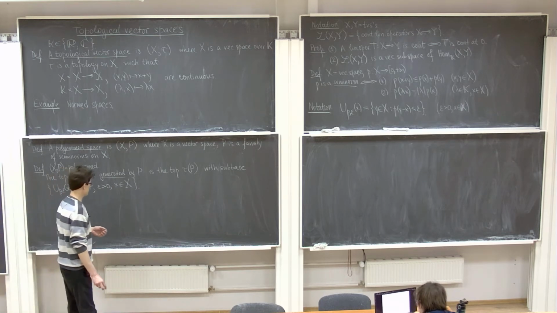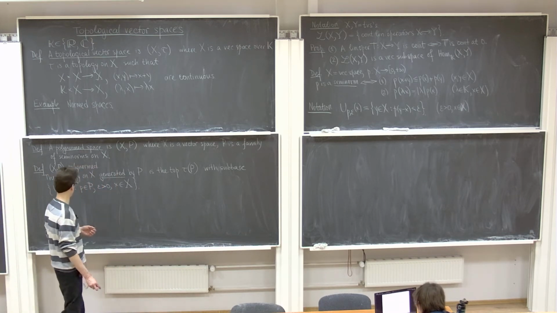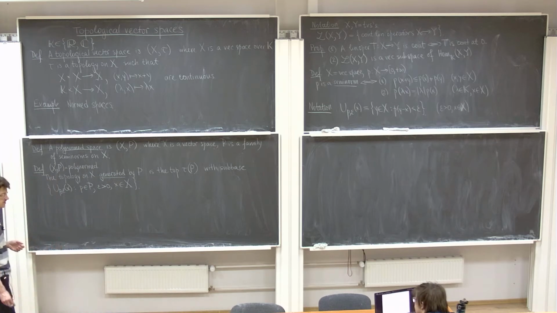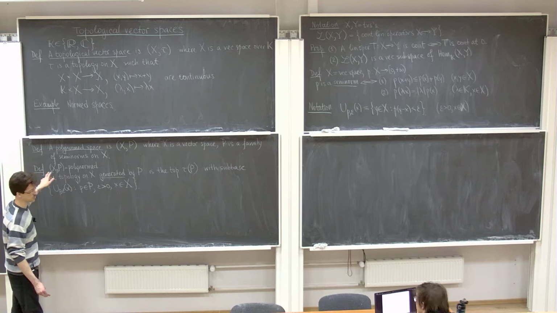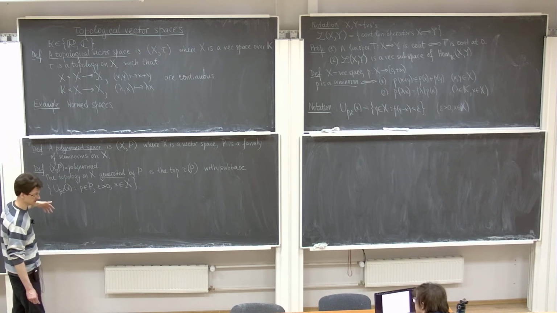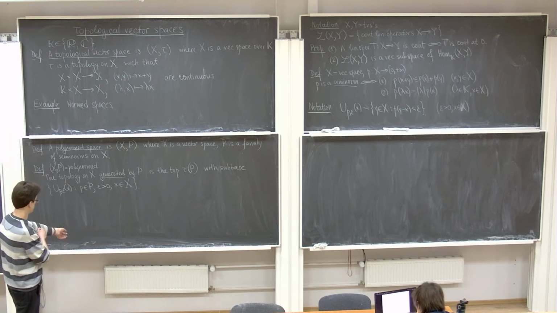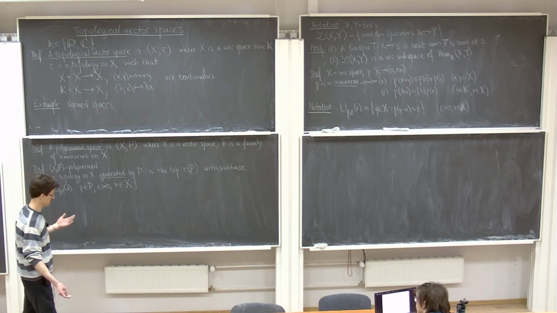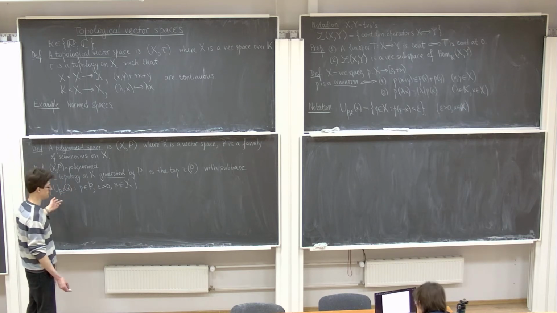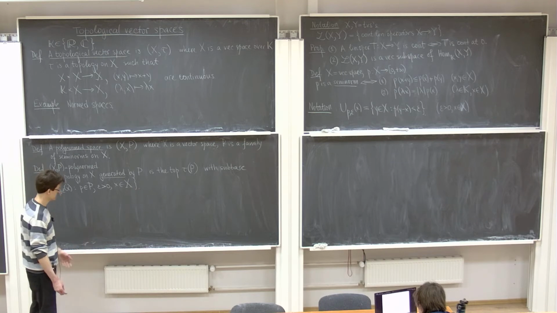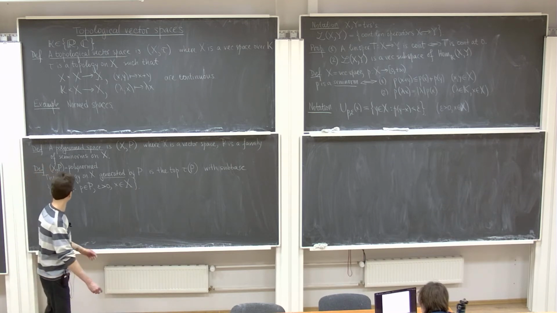In other words, this is the smallest, the weakest topology on X for which all such open balls are indeed open. Let's recall that to get the whole topology, the family of all open sets, we must add finite intersections first of all, and then arbitrary unions. And then we get the whole topology.